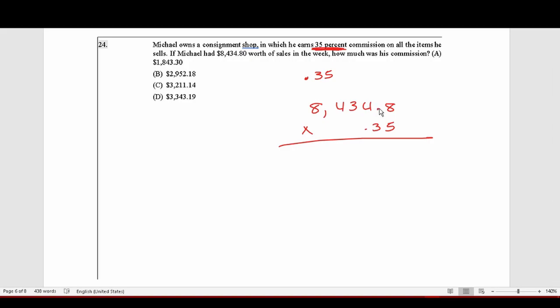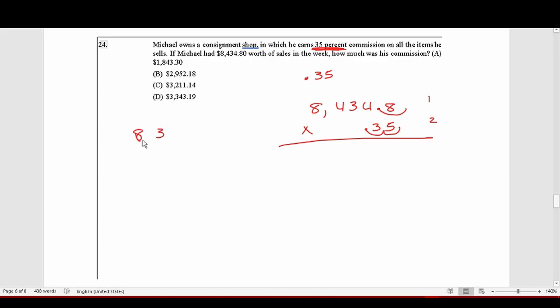And as you can see, in order to do this one, we're going to have to multiply with decimals. So we're going to move this decimal place 1. We're going to move this decimal place 2 times. So this problem, if I rewrite it off to the side, becomes this.